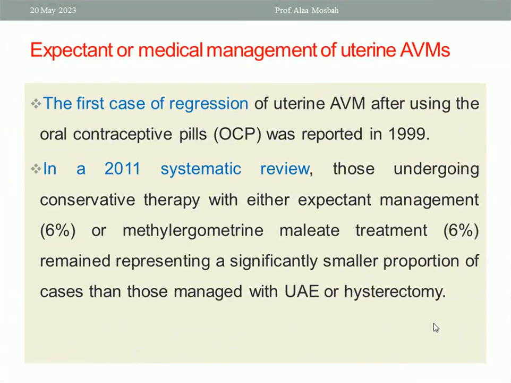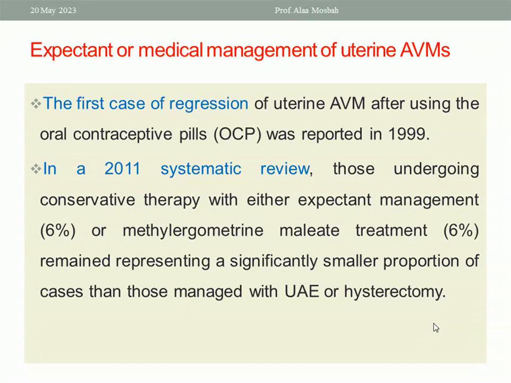What else? The first case of regression of uterine arteriovenous malformation after using oral contraceptive pills was reported in 1999. In a 2011 systematic review, those undergoing conservative therapy with either expectant management or methylergometrine maleate treatment represented a significantly smaller proportion of cases than those managed with uterine artery embolization or hysterectomy.